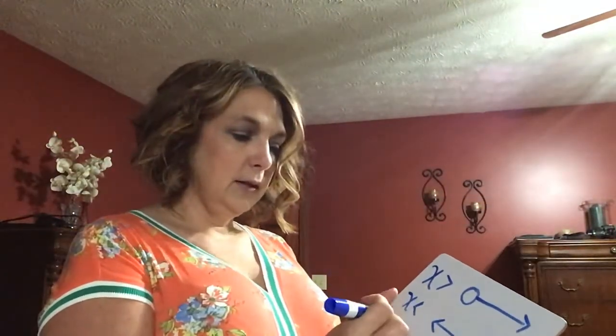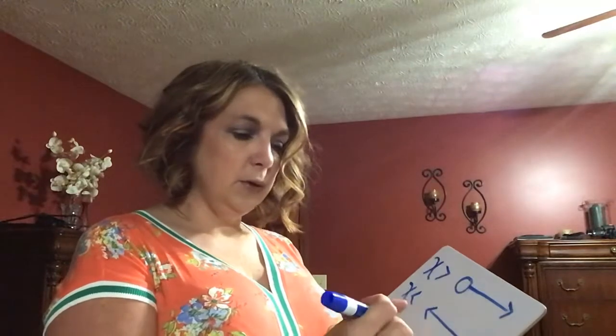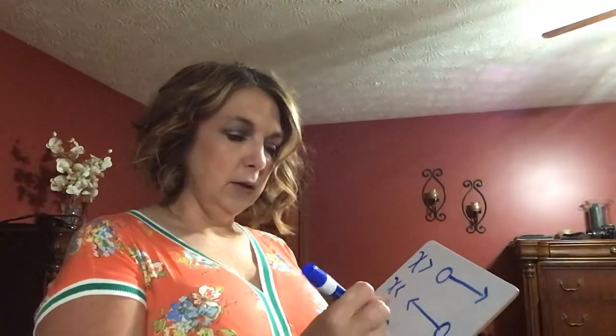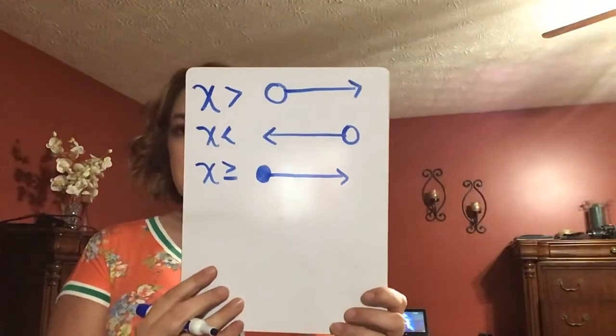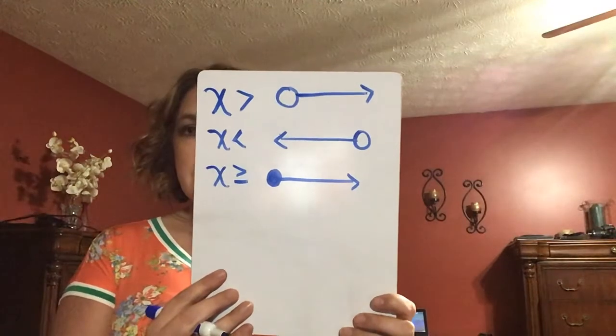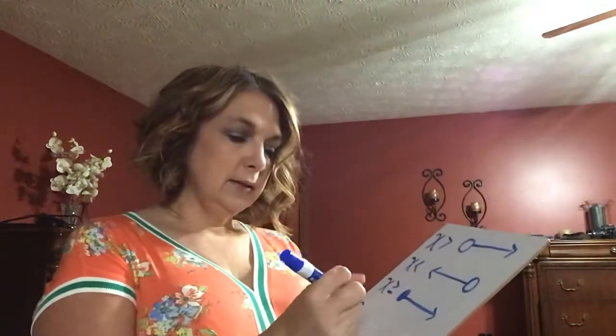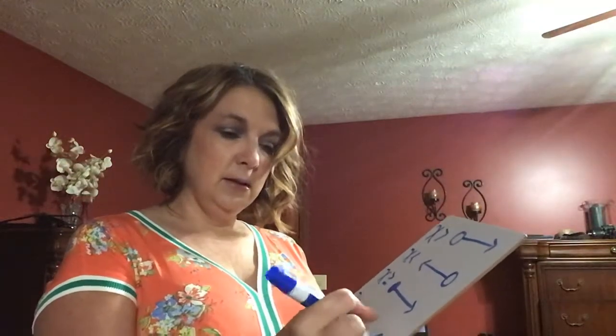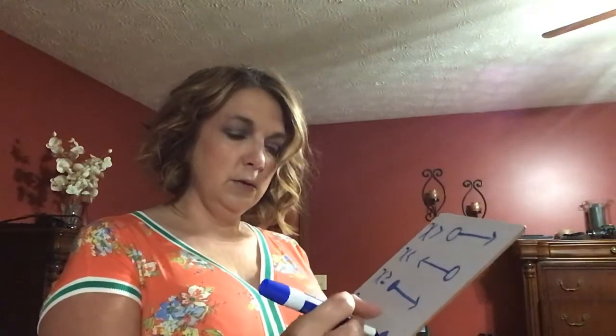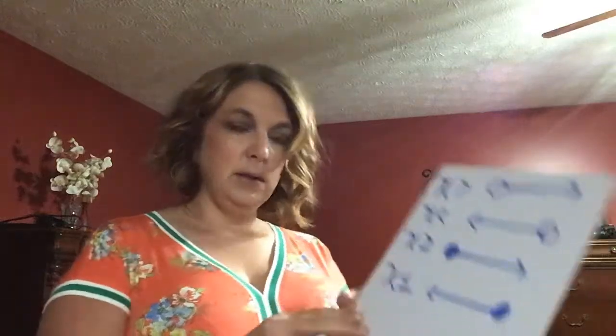X is greater than or equal to is a closed circle going to the right. X is less than or equal to something is a closed circle going to the left.